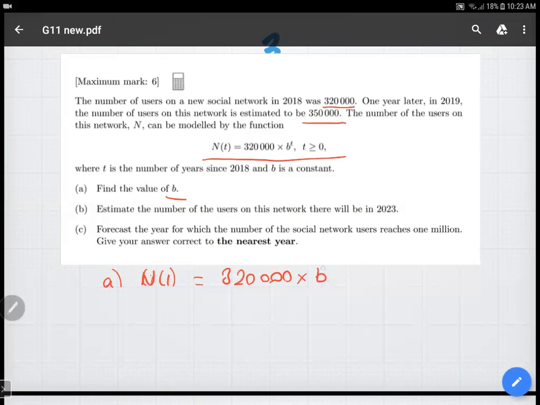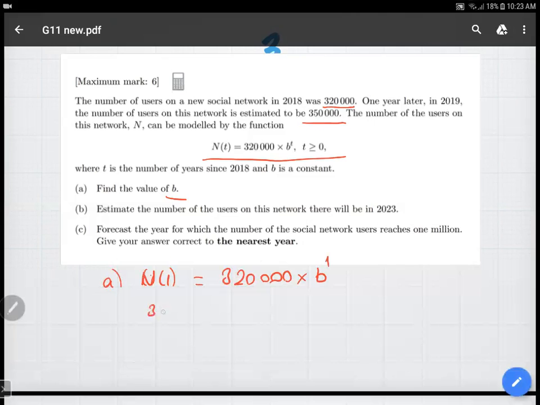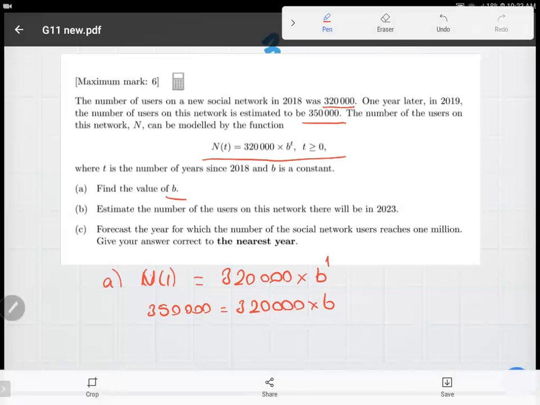Now we will replace t with 1. And 1 year later, this number became 350,000, equal to 320,000 times b. If I divide both sides by the coefficient of b, we can get the answer.